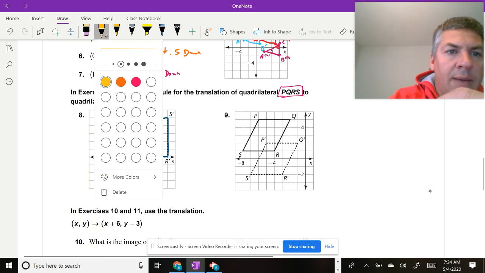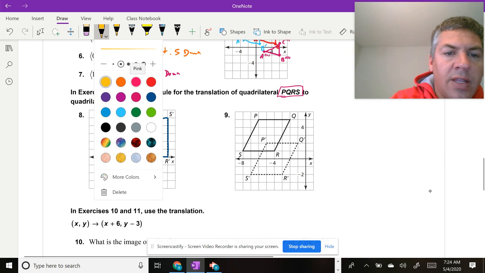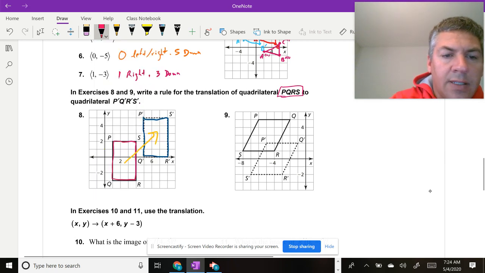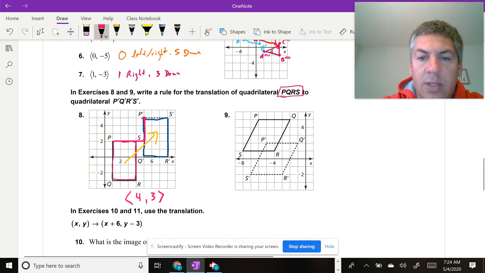So the movement that I'm going to create is going to be 1, 2, 3, 4 units to the right, and 1, 2, 3 units up. All right, so in number 8, we want to give the vector movement 4 positive and 3 positive movements. Okay, so that's how that works.